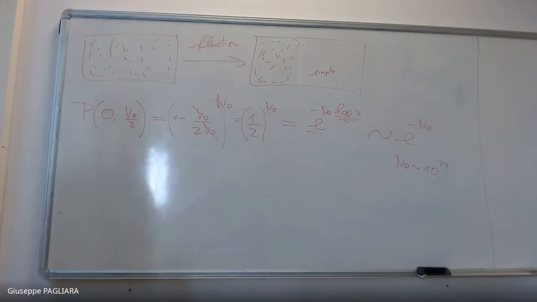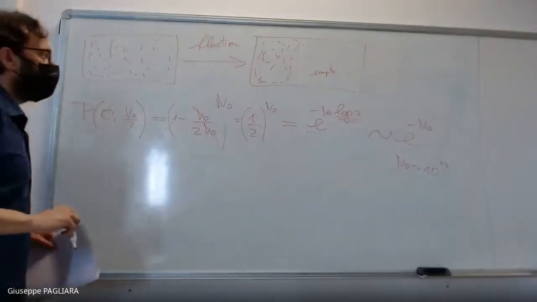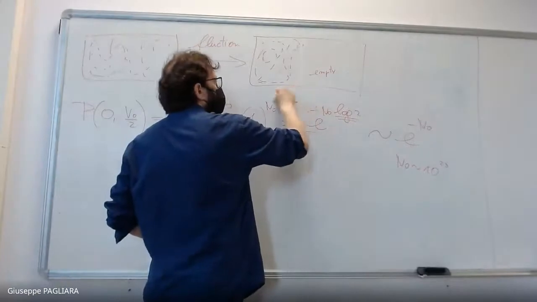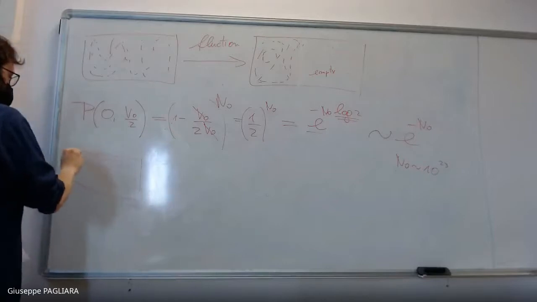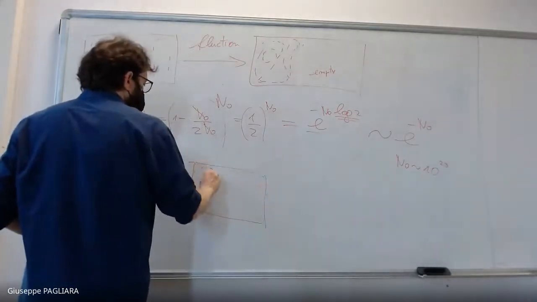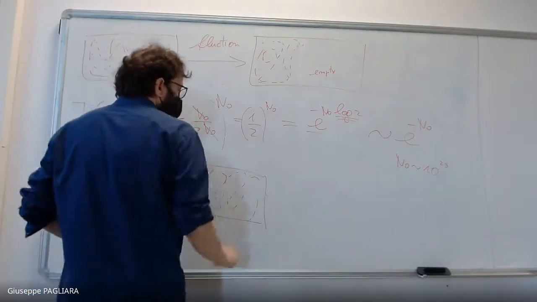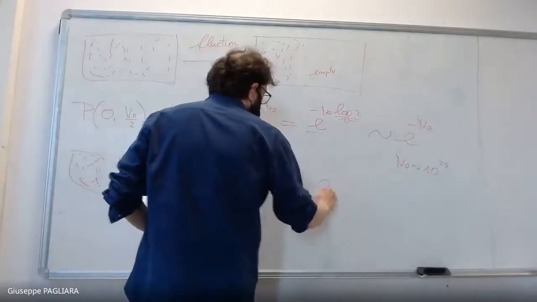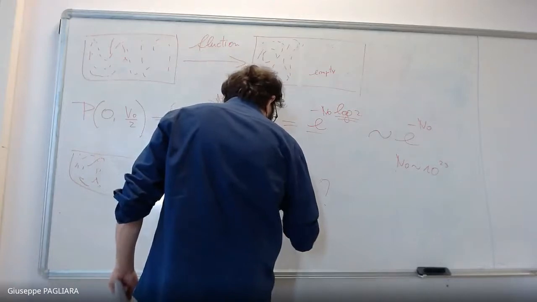This probability can be computed in another way, because if I have a situation like this as a starting point, and I ask myself which is the variation of entropy from this situation in which half of the volume is empty, to this situation in which I have a free expansion of my particles occupying all the volume.